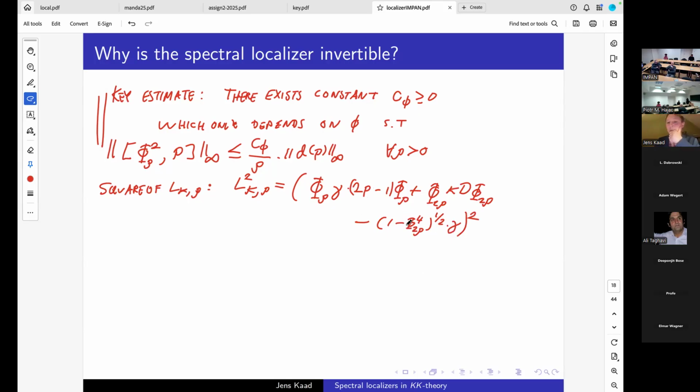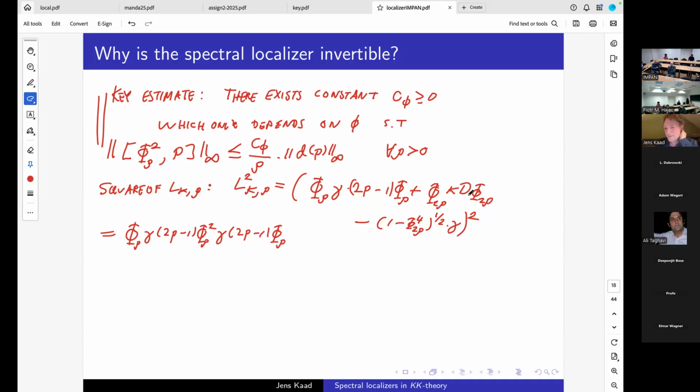First of all, I'm going to square each of these three terms. When I square the first term, I get phi rho gamma 2p minus 1 phi rho squared gamma 2p minus 1 phi rho. That is the square of the first term.